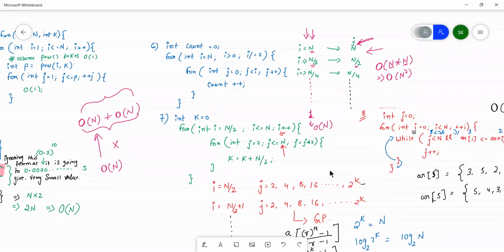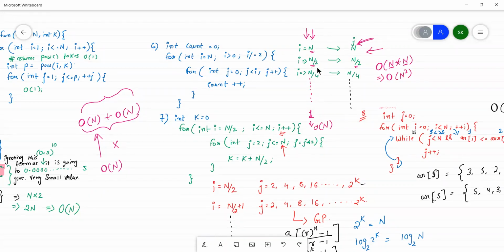Order of n square, I guess, not order of n. Order of n, ma'am, because there are... No, it's order of n square. For sixth, it is order of n square because you can clearly see that it is running from n till 0, and every time it is getting divided by 2.